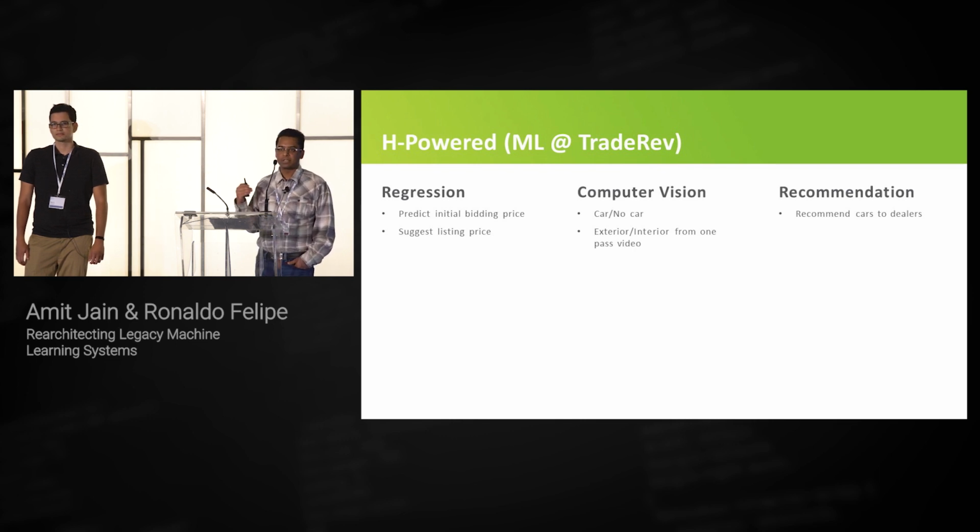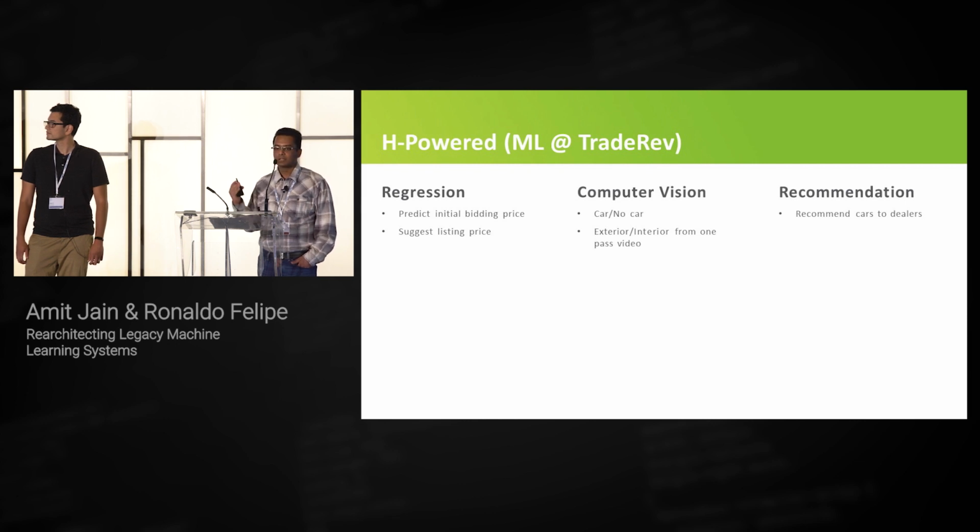Computer vision, since you're buying cars online, right? You have to figure out, first of all, whether it's really a car or someone is selling a bus or a truck or maybe a horse cart on your platform. So that's where we have a car, no car.